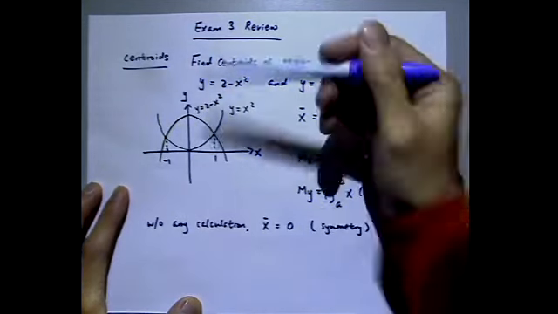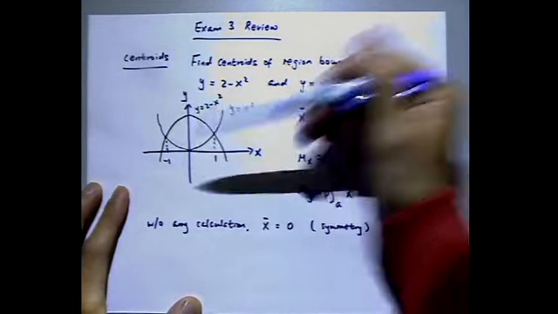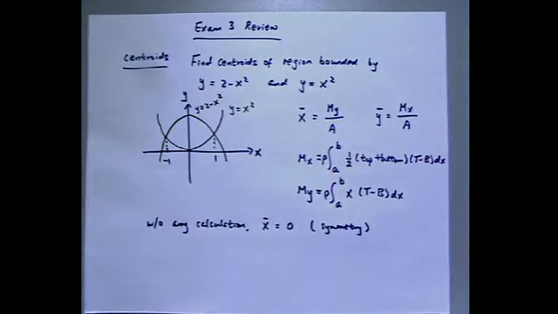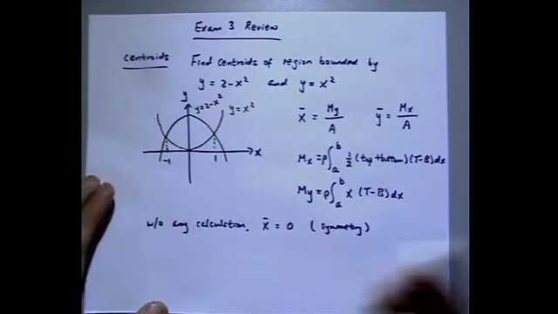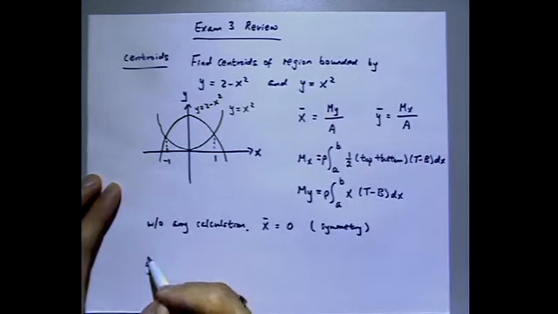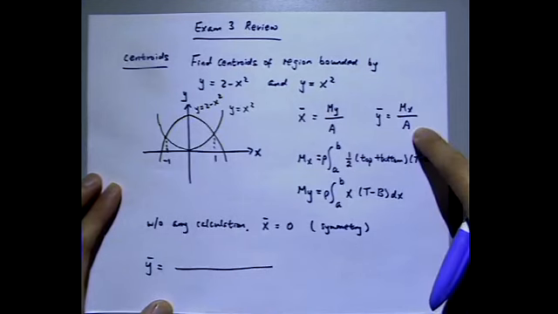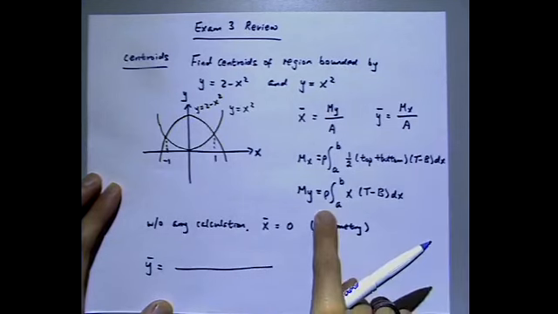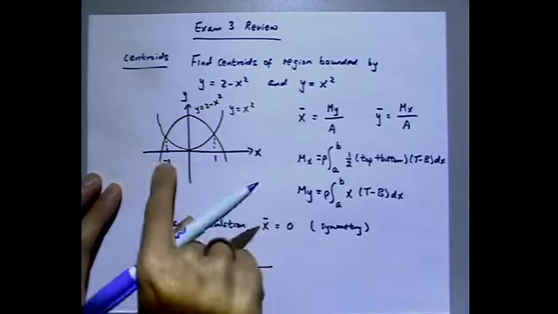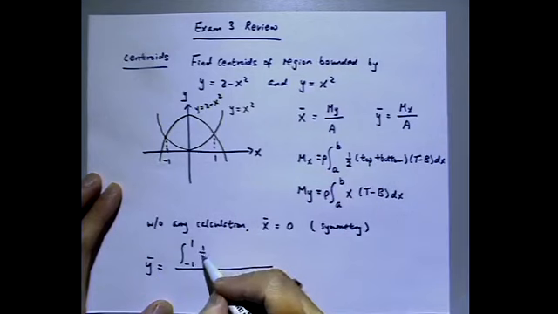Now the y component is a little bit harder to see. It's going to be somewhere on the y-axis, and we're going to have to find that just to be absolutely sure what it is. So let's find y bar. Okay, I'm taking that formula here, and then the integral from a to b, minus 1 to 1, of the average between the top and the bottom.